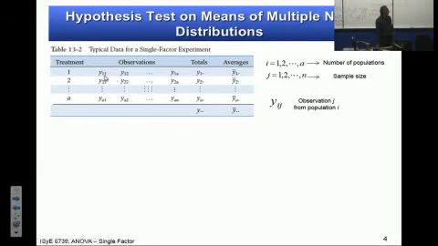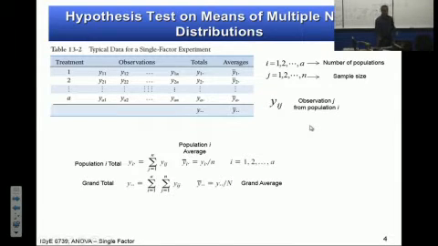So Y12 means the first treatment, the second experiment. So Yij is observation j from population i. Population, treatment, factor level, they are the same thing.